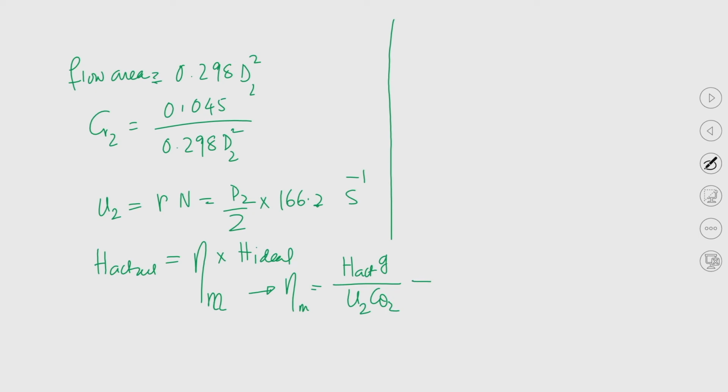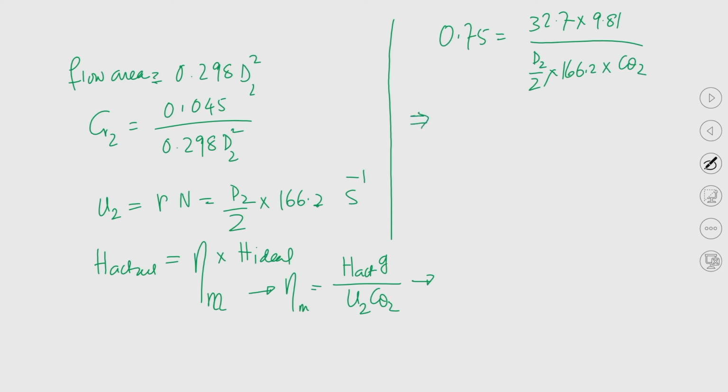So, here we can calculate eta m, 0.75 equal to H actual, that we have calculated, 32.7 into 9.81 divided by u2, that is d2 by 2 into 166.2, into c theta 2.